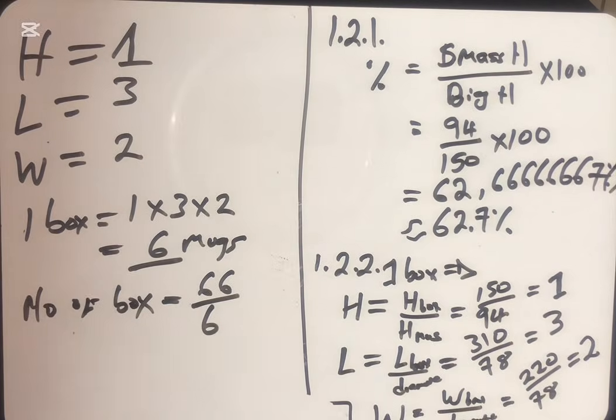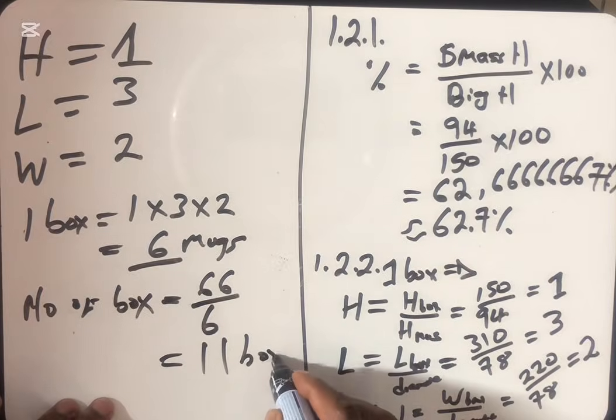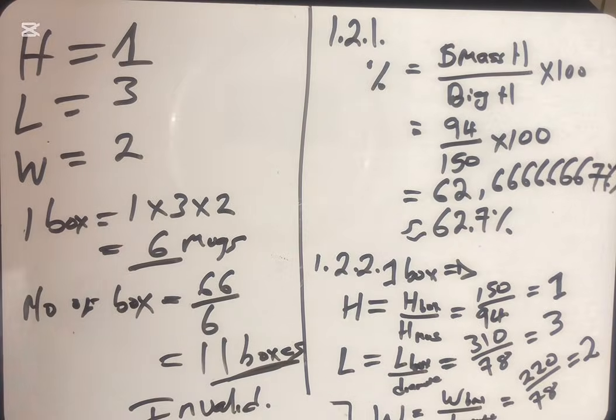So we just have to say 66 divided by 6, and we found that is 11 boxes. The claim is invalid because when we calculate, we found 11, but her claim says that there will be 10. Or you can use another way of proving that the number of boxes is not correct. It's not only this way. Let's move to the next question.